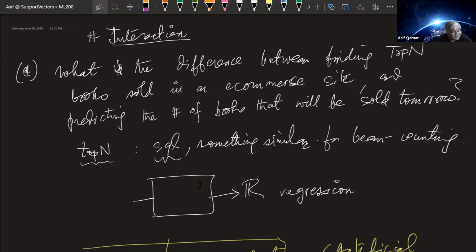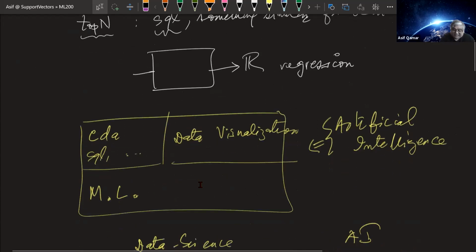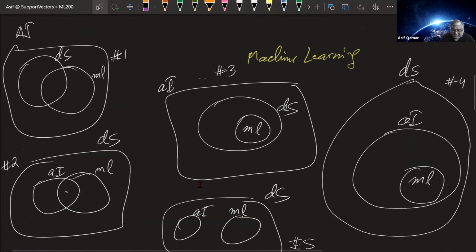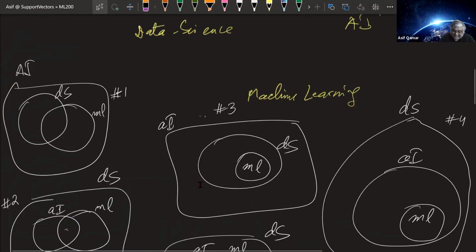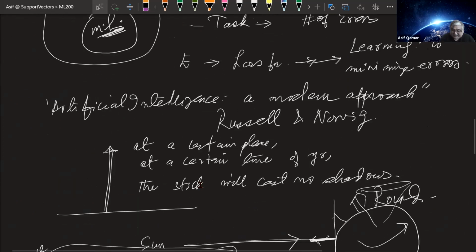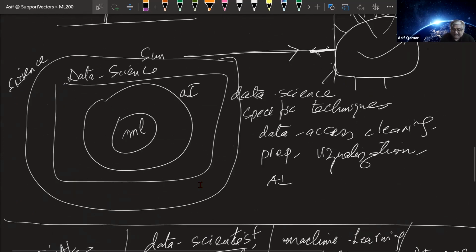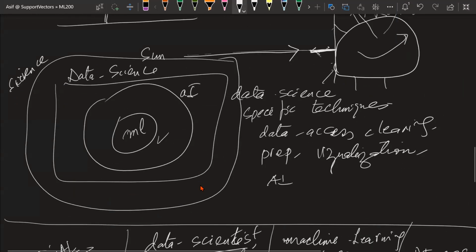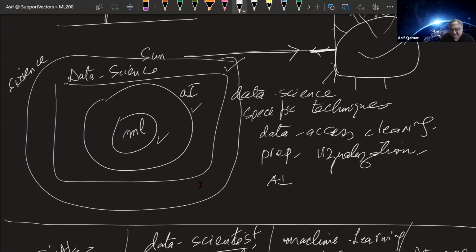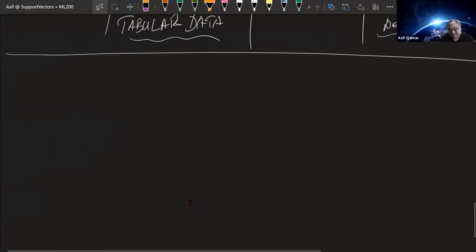It is also therefore a task in AI and a task in data science, according to the academic definition of the words AI, machine learning, etc. So if you look at this picture, if any task is machine learning, it is of course automatically AI and automatically a data science task. So regression is all of those.